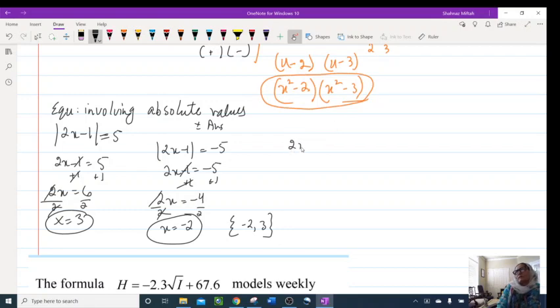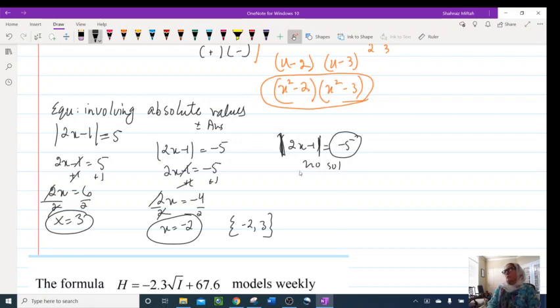If you have, in case, the same question and you have a negative 5, like they want you to solve this, this negative doesn't work. There is no solution, because these are not parentheses, actually these are absolute value. The absolute value means a distance. Distance can never be negative.